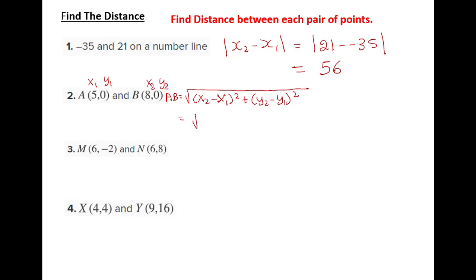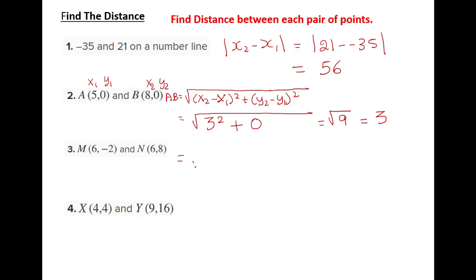So it is the square root of x2 minus x1, which is 8 minus 5, which is 3, squared, plus y2, which is 0, minus 0, which is 0, squared is 0. So it is the square root of 9, which is equal to 3. And simply 3, because this is the distance, so I won't use the negative part. It's only the positive part.